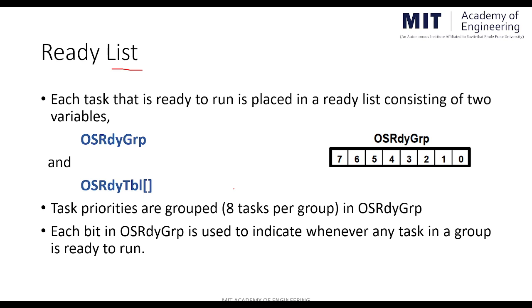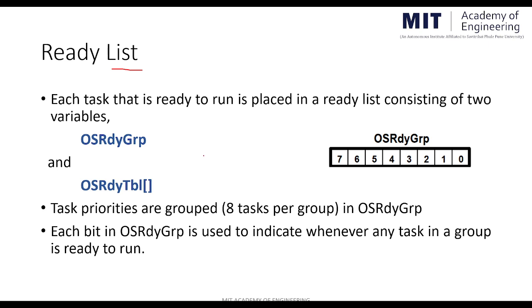The kernel has to keep track of every state of the task. Out of that, the ready list is very important so that the kernel can understand how many tasks, and which priority task, is ready to run, so that the kernel can move the task from the ready state to the run state.